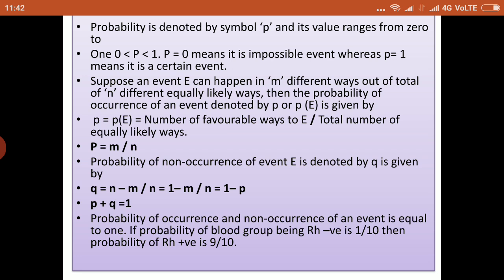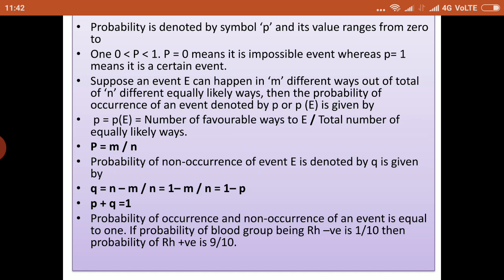And if it reaches a perfect 1, that means 100% chance of that event occurring. In this formula you can see the probability is more than 0 and less than 1. So P equal to 0 means an impossible event, whereas P equal to 1 means a certain event. 100% it will occur.